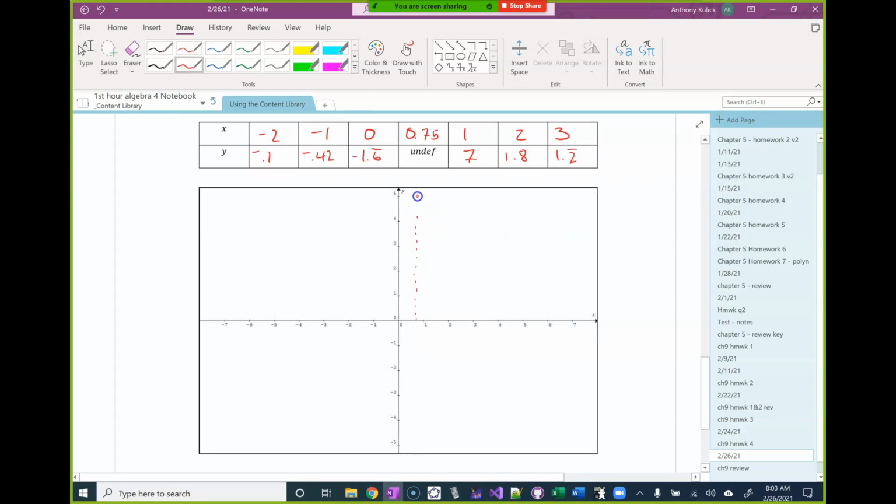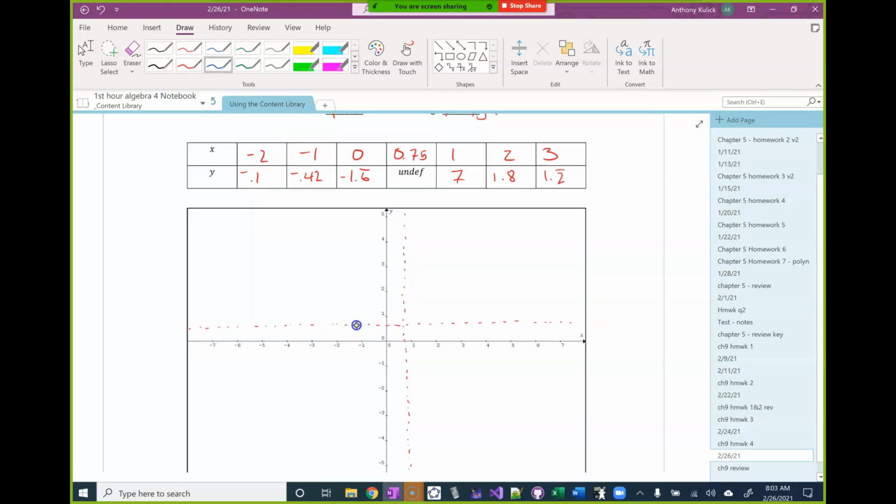All right, so -2 and -0.1. -1 and -0.42, and then 0 and -1.6. 1, 7.